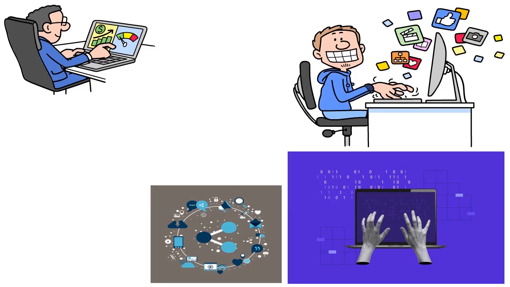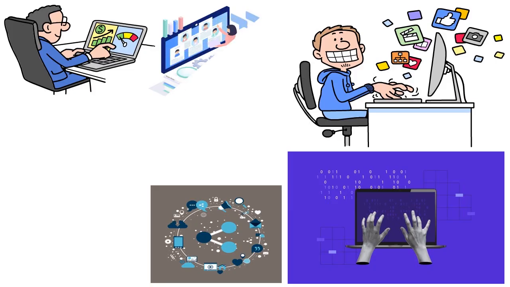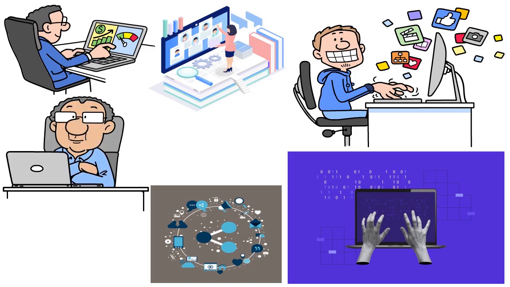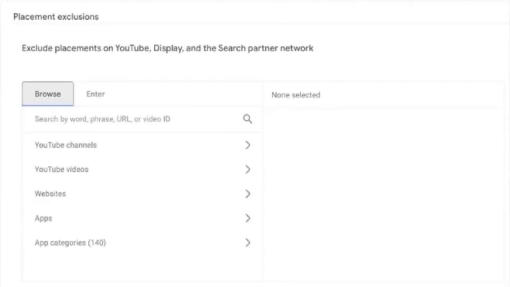On the audiences tab, you will have exclusions all the way at the bottom where you can add all of the same audiences from the targeting section as exclusions if you wish. The content exclusions are a bit different, as you can see on the screen here, at either the account, campaign, or ad group level, and can exclude YouTube channels, YouTube videos, websites, apps, and or app categories.